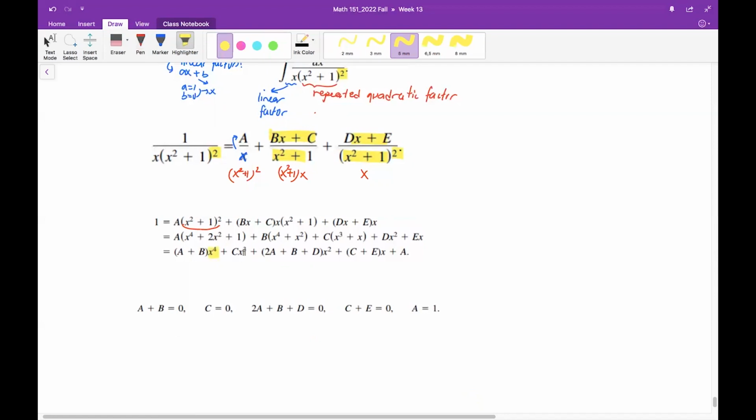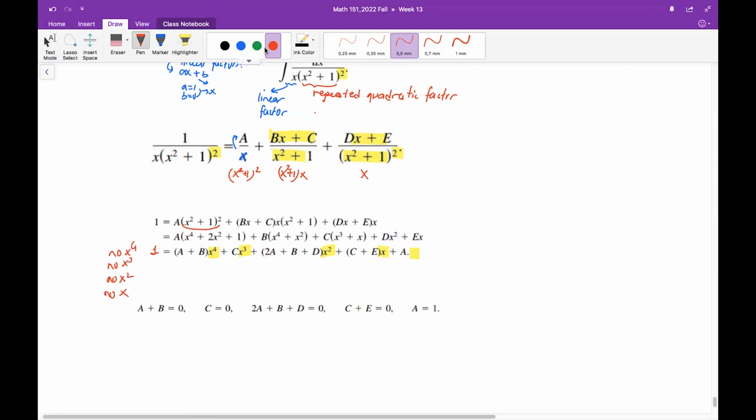and then after doing the multiplications, you need to rearrange the terms in terms of x to the power 4, x cubed, x squared, x and the constant term. And look at the left-hand side. There is no x to the power 4, no x cubed, no x squared, and no x.